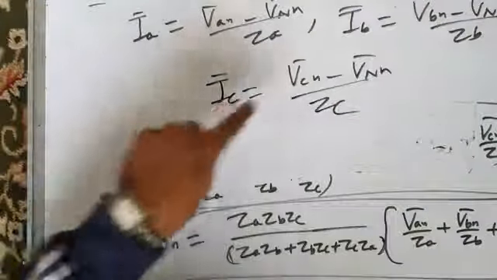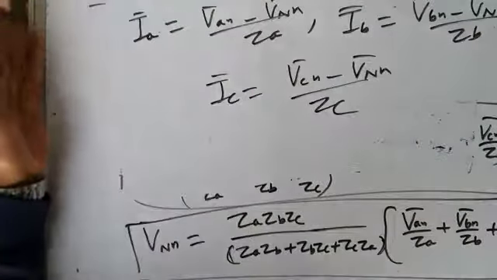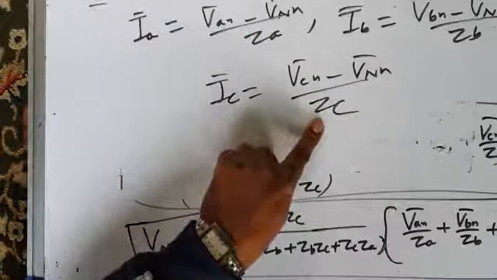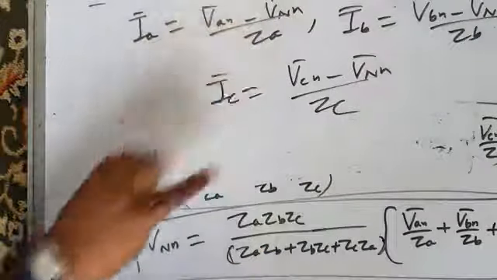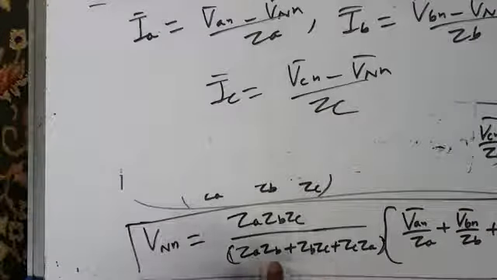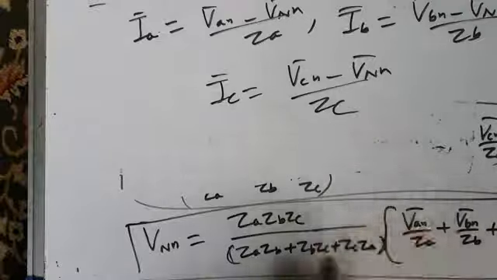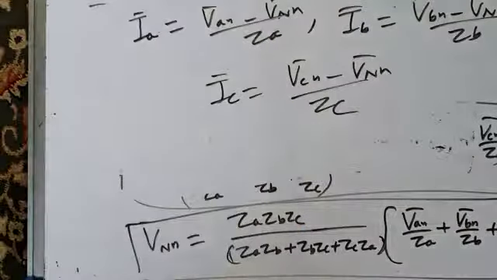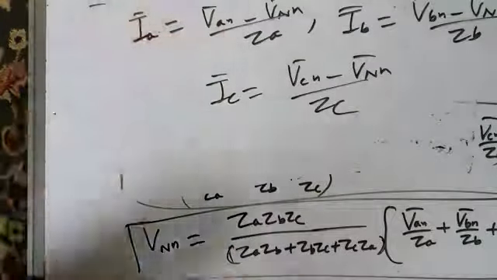VAN, VBN, VCN are phase voltages. It will be given to you. Load impedances ZA, ZB, ZC are given to you. The only unknown was the neutral to neutral voltage, and you can use this equation or this equation for finding neutral to neutral voltage in terms of source voltage and load impedances. Once you know it, substitute in these equations. That will give you line currents in terms of neutral voltage.